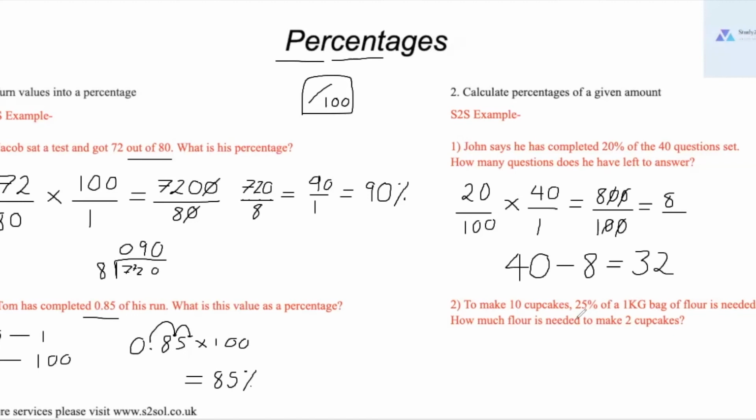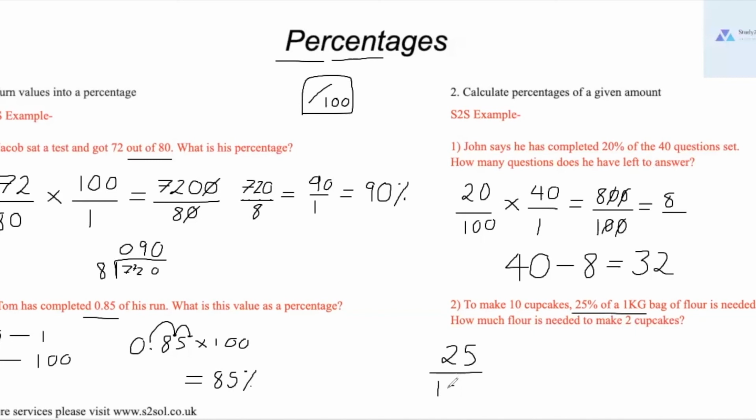So the first step for this question is to calculate how much flour is needed to make 10 cupcakes. So in order for us to calculate this, we need to calculate what 25% of 1 kilogram is. Us working out 25% of 1 kilogram will give us our answer in kilograms, and our answer will be a decimal number.